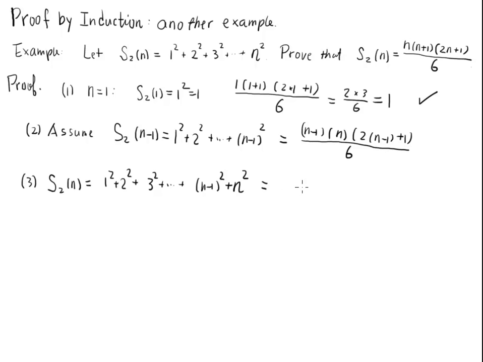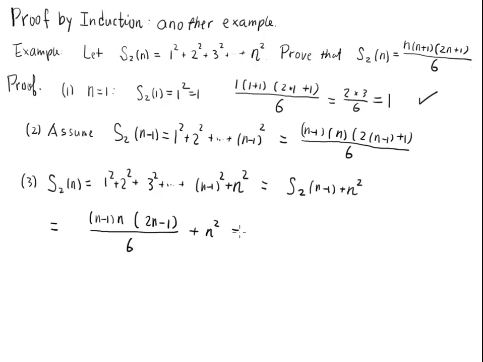If we look at this one over here, we have this is exactly S2 of n minus 1 and plus n squared. Now use this formula over here, then we have (n minus 1) times n, and we have 2n over here, and minus 1 because you have negative 2 plus 1, right? And then we have 6 over here, and then plus n squared.